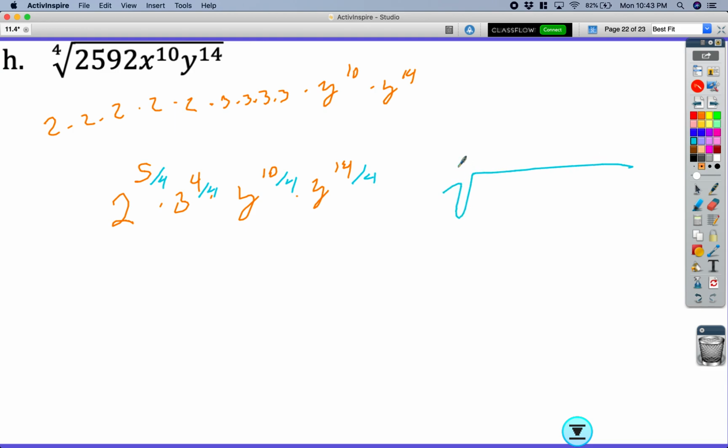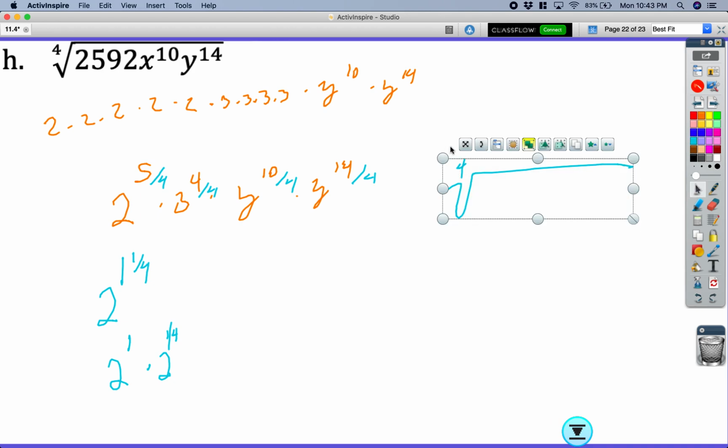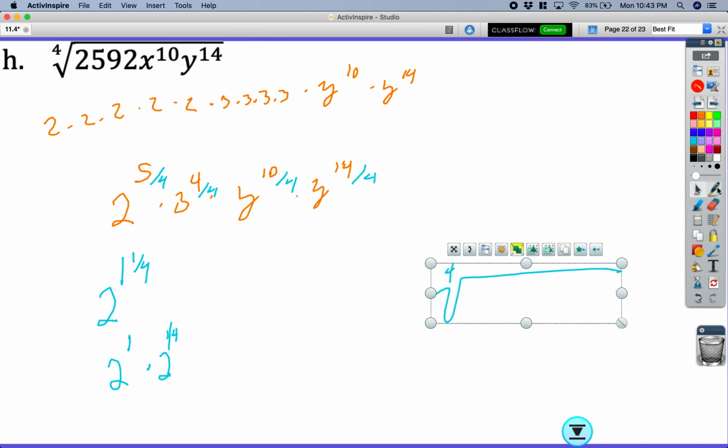So I have the 4th root. And so 5 divided by 4, this would be 1 and 1/4. And remember the exponent rules, it is 2 to the first times 2 to the 1/4. So that 2 would come on the outside. So I have that 2. And then I have the 2 to the first power on the inside.